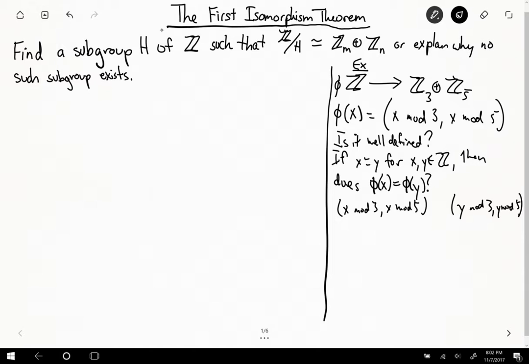Notice in the integers, if x and y are equal, that means x mod 3 equals y mod 3, and x mod 5, since x and y are equal, should equal y mod 5. Another way to write that is x is congruent to y mod 5. But since those two are equal, we have that the ordered pairs are equal. So it is well defined.